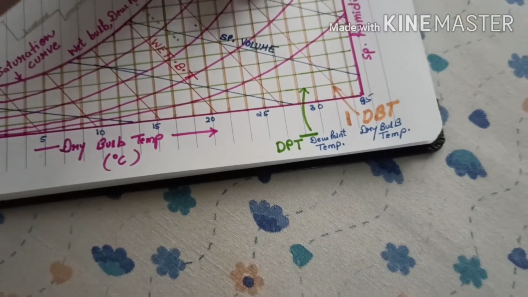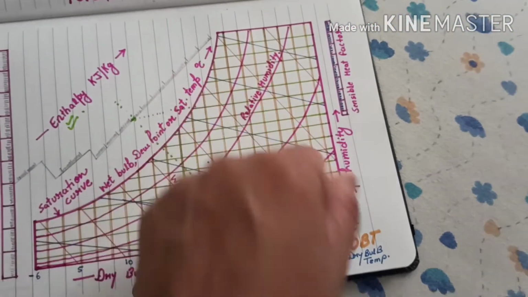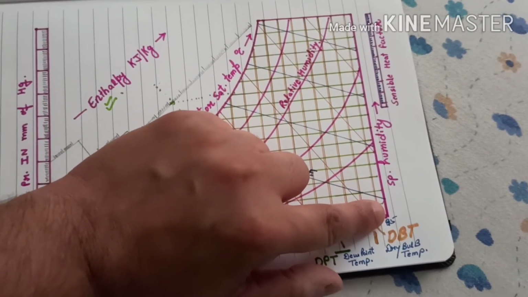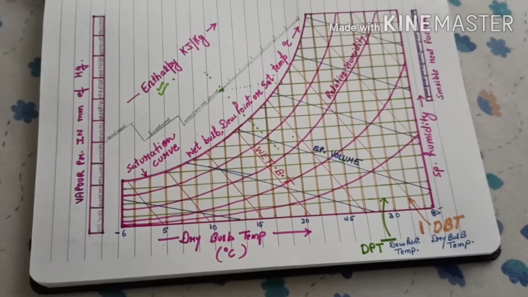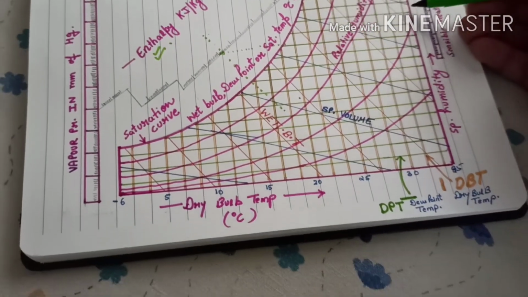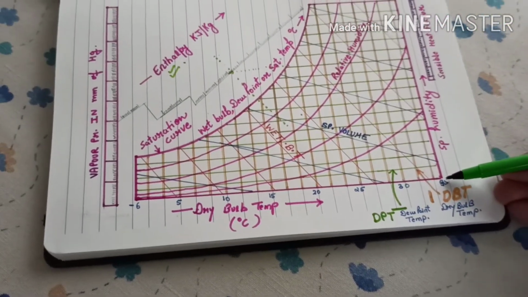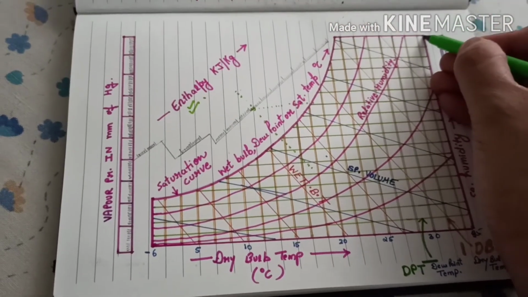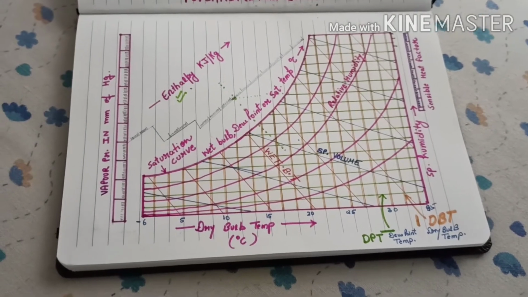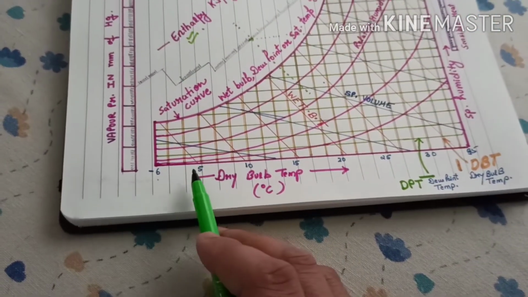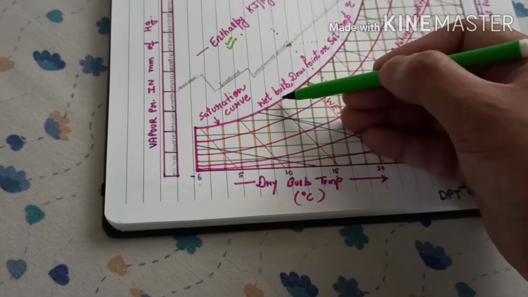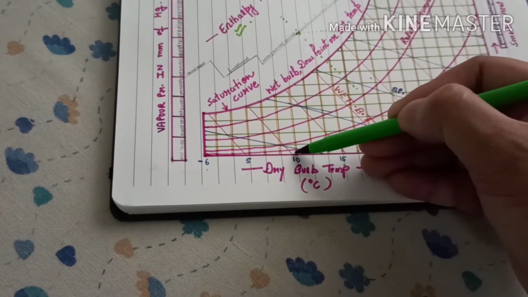And one more thing, this vertical line gives you the specific humidity, meaning we can get the values of specific humidity here. It is shown as -5, 5, 10, 15, 20, etc. These are the values that we get after dropping the line vertically on this chart.